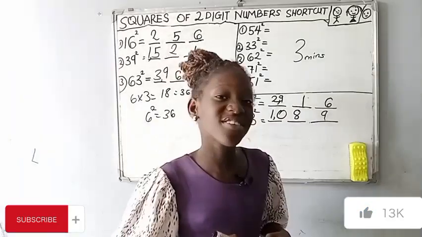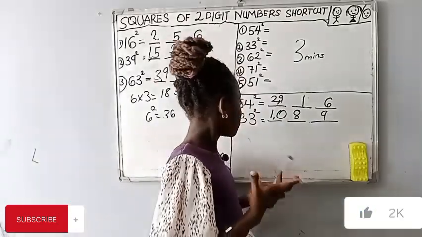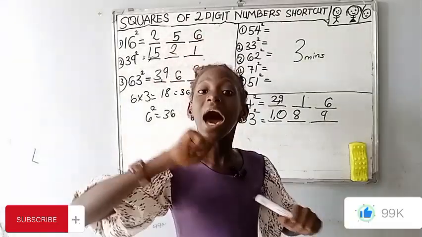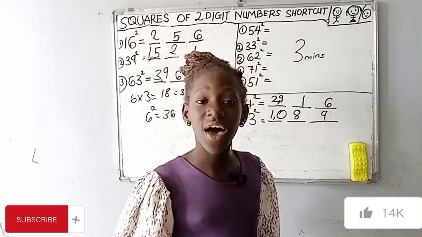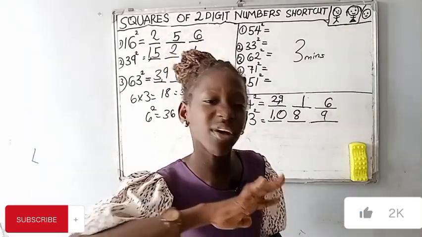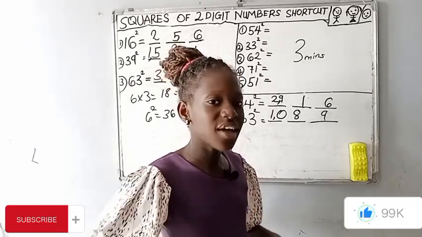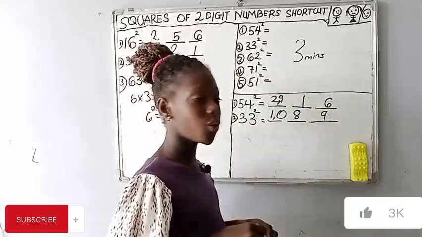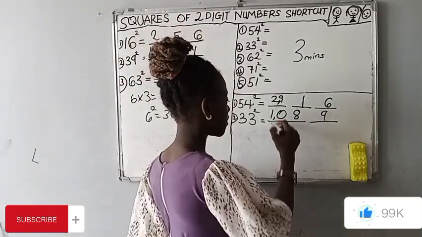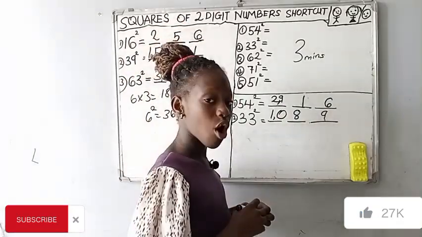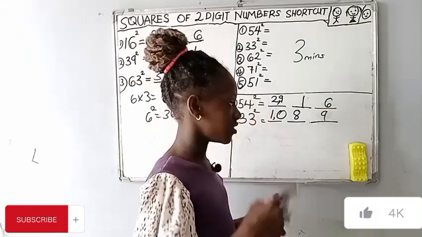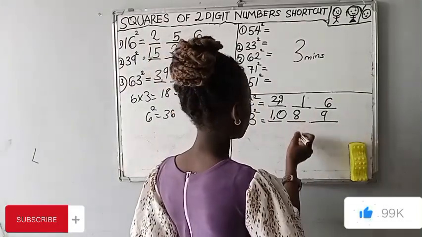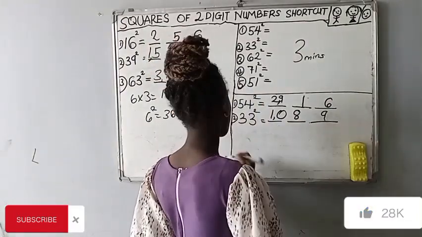You see how easy this thing is? This thing is so easy that it makes me happy. And when you learn this method and understand it, you will be very happy. Now, one thing you need to know is that when you want to insert a comma, you insert it after 3 digits. 1, 2, 3. Then you insert a comma.